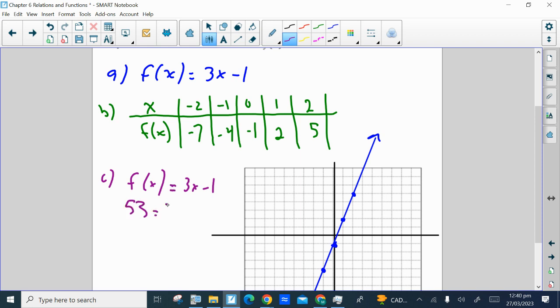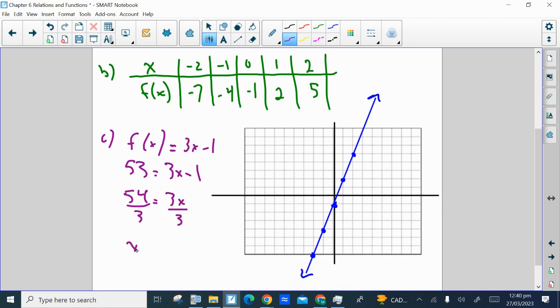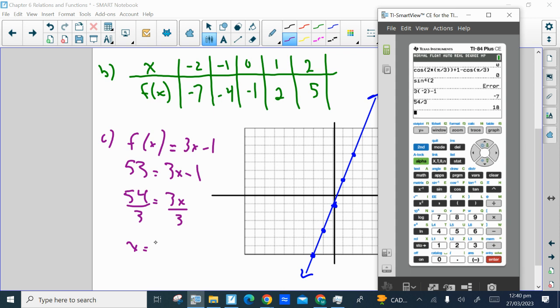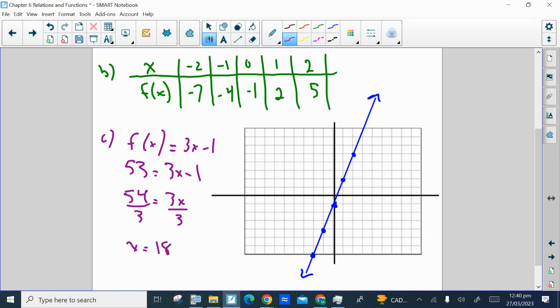That is 53. We want to know what x is. By adding 1 to both sides, you'll get 54 on the left, and then dividing both sides by 3. So you're going to get a decimal for this. When you go 54 divided by 3, actually you don't get a decimal. It's an integer. The answer is 18.